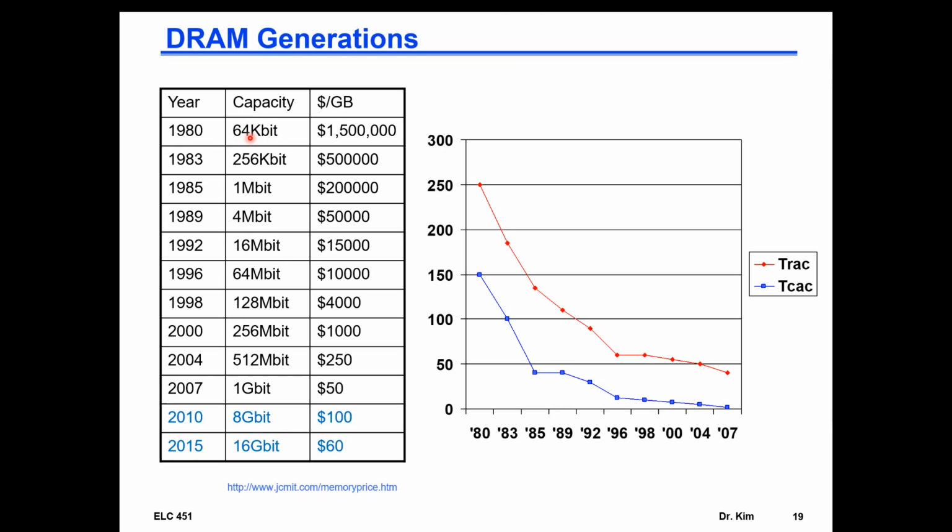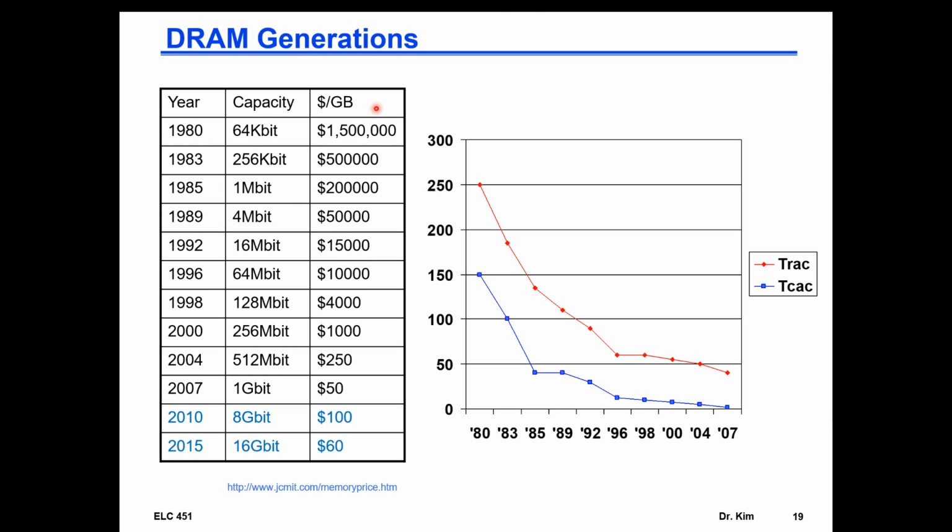And if you look at the price per bit from today, on a gigabytes basis with the costs at that point, you would be paying about $1.5 million per gigabyte.